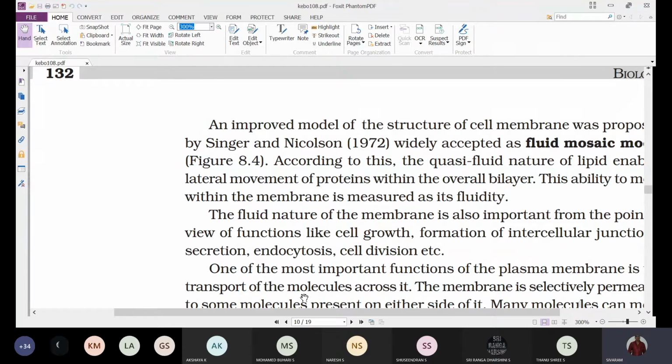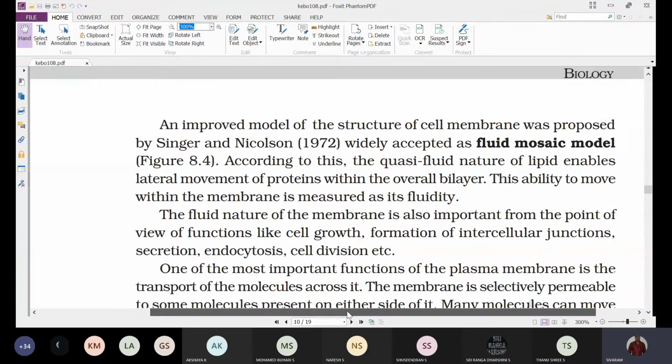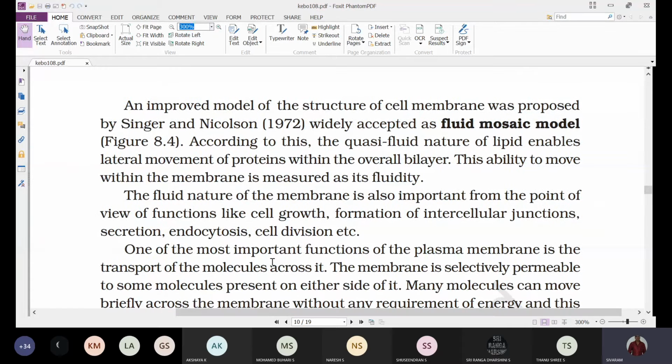Coming to the structure, different scientists have proposed different models to explain the structure of a cell membrane. So finally we have accepted one model, that is the fluid mosaic model. The fluid mosaic model, an improved model of the structure of the cell membrane, was proposed by Singer and Nicholson in the year 1972.